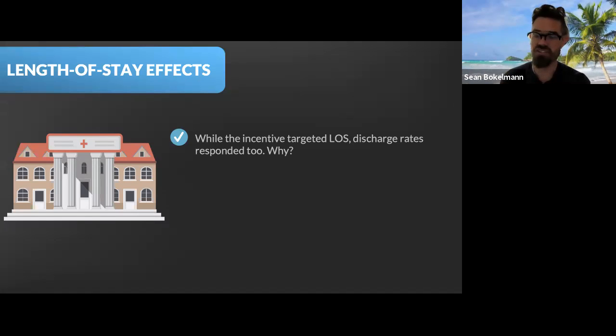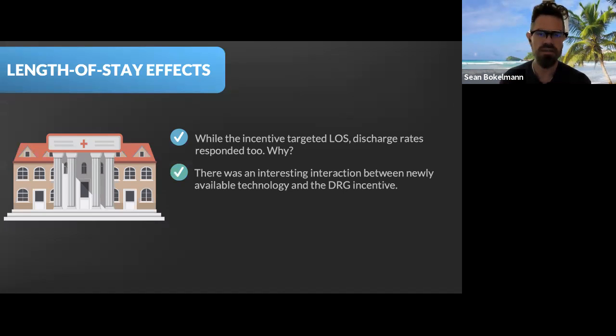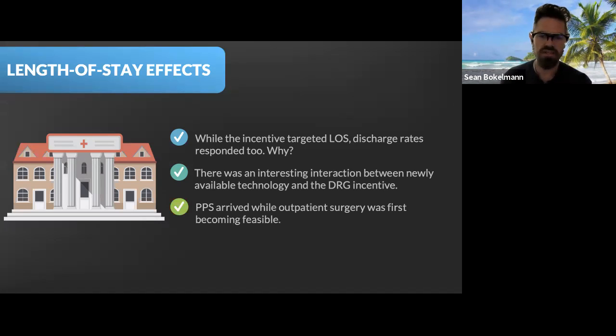So it's kind of interesting that the discharge rates responded too, because the incentive was really targeted at reducing length of stay. So what's going on here? Well, as it turns out, there was an interesting interaction going on between newly available technology and the DRG incentive.